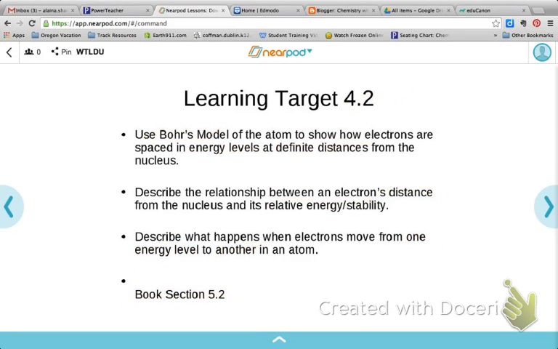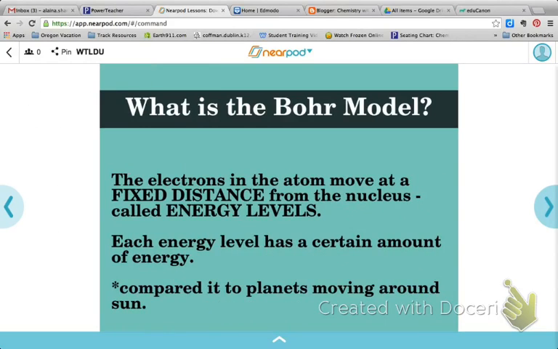Alright, so let's take a look at the Bohr model. The Bohr model is based on the work of Niels Bohr, 1913. Remember, he's coming off of Rutherford's model. And in Rutherford's model, I'm just going to do a quick sketch here. In Rutherford's model, you had a teeny tiny nucleus with lots of empty space, but the electrons were just sort of thought of as randomly spaced around in the electron cloud.